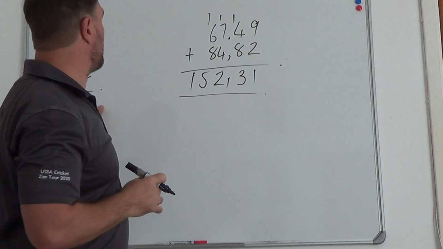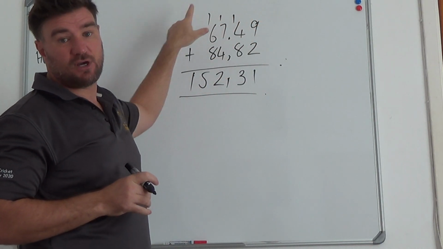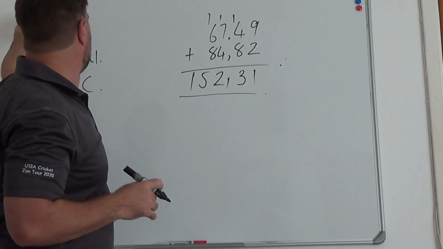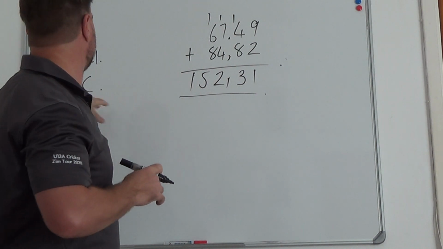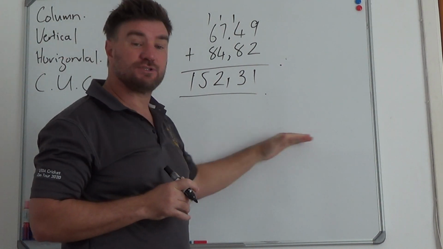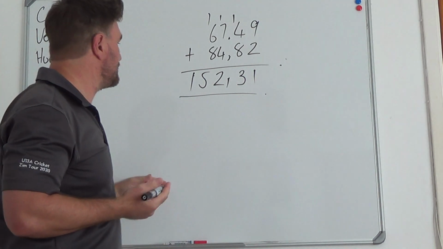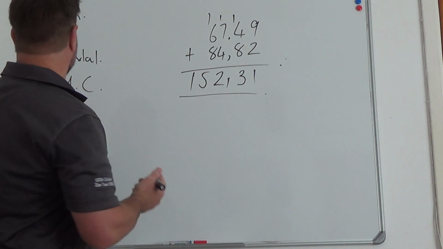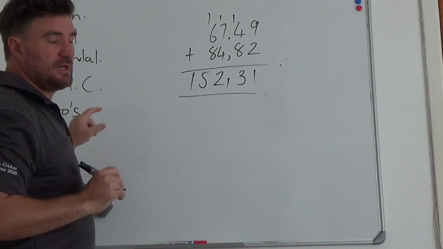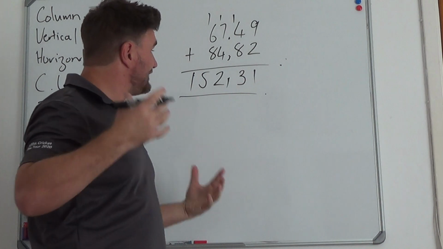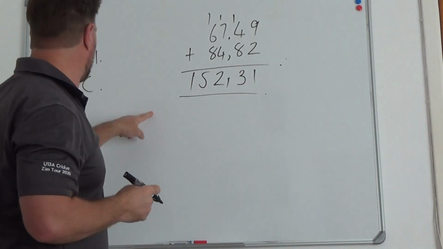Just to recap very quickly on a few terms we've used. We've used the borrowing method, or the carryover method when you're carrying numbers over when they go over 10. We've used the column method of addition and subtraction. It's important to know what horizontal and vertical is. It's very important you understand that terminology. Don't forget you can use zeros as placeholders.